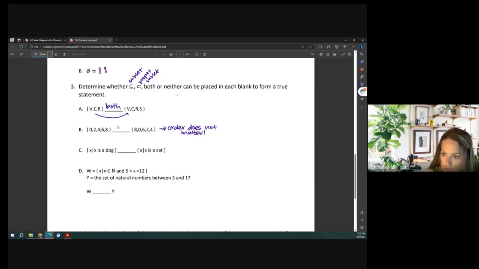So we know that it can be a subset, but it cannot be proper since these 2 are the same. So it's only a subset. On C, we have that X is a dog, and we want to know if it can be a subset of X is a cat. And it cannot because these are 2 totally different categories.